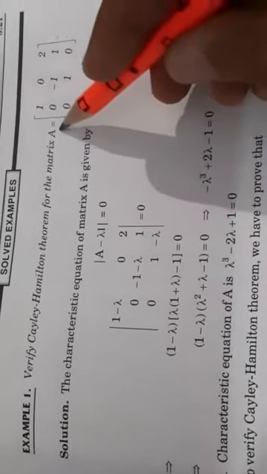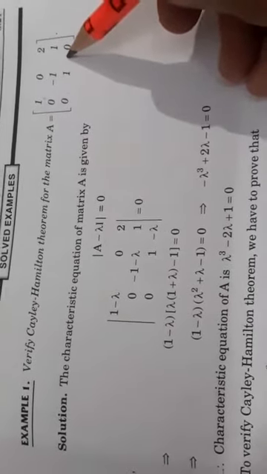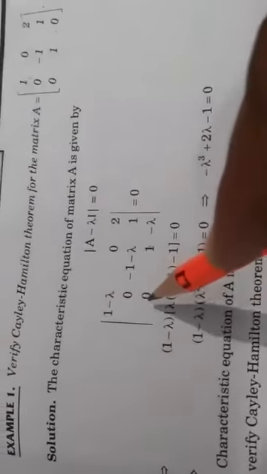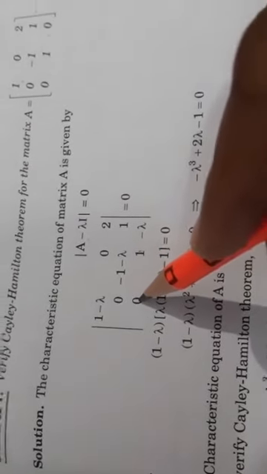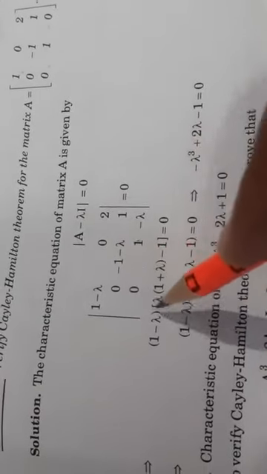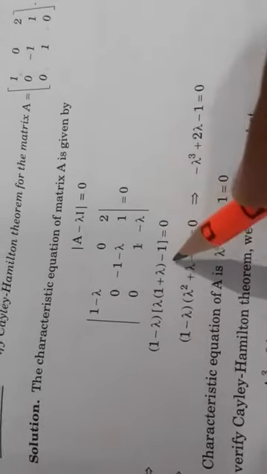To find A minus lambda I, we subtract lambda from each diagonal element. We will expand this matrix with respect to column 1, because there are two zeros. Now 1 minus lambda into this minus this.